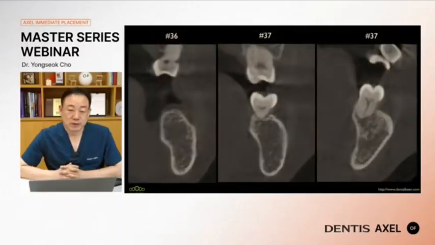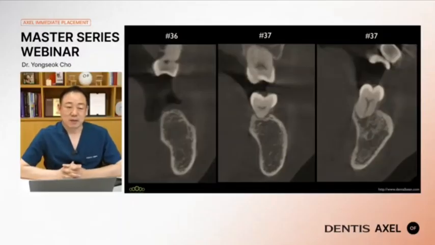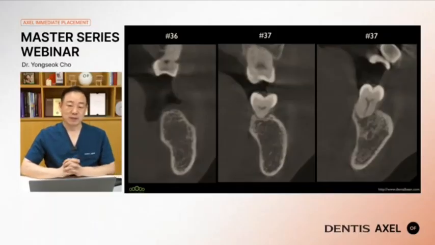Look at the CT view. In this case, I can see many old female patients who have very low bone density. Here in CT view, this is D3 or D4 bone marrow density.